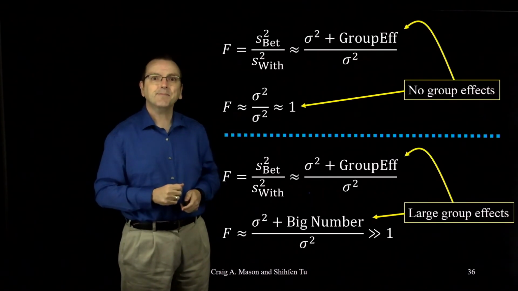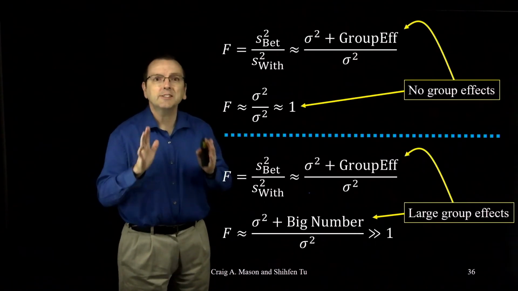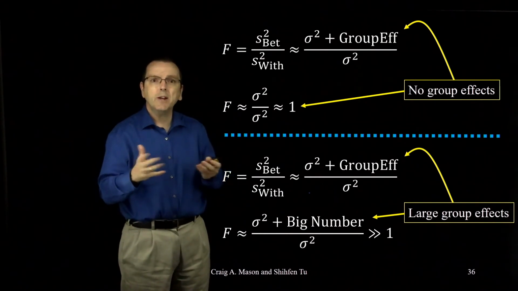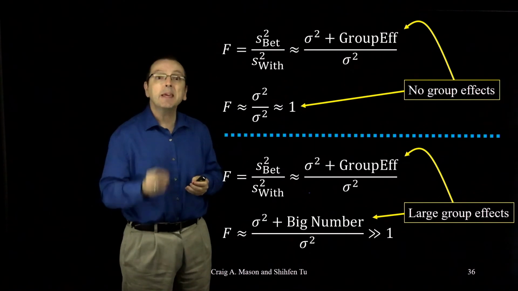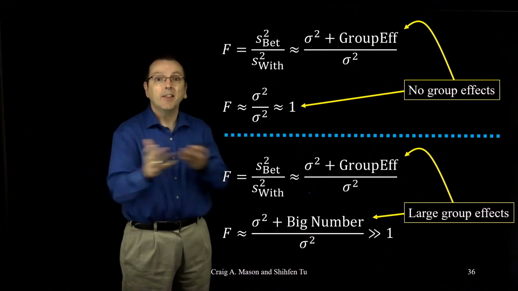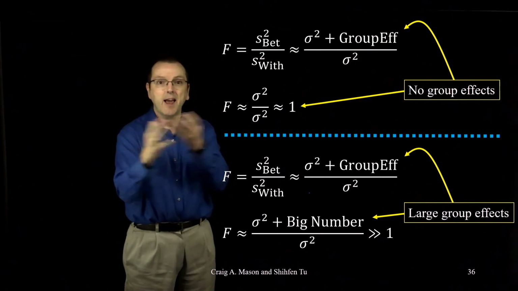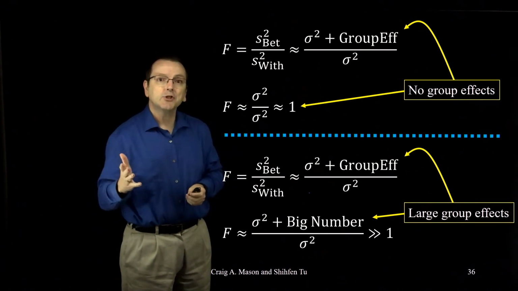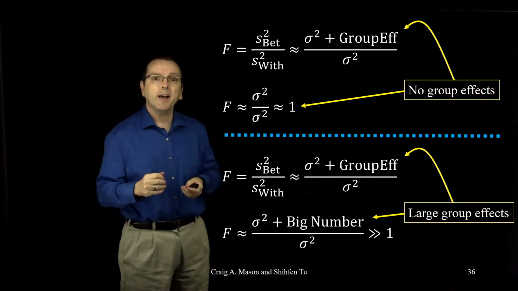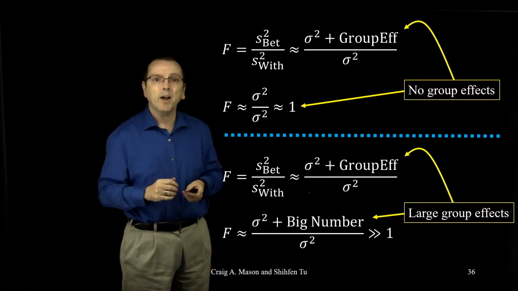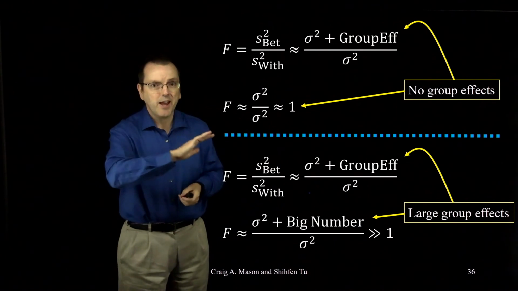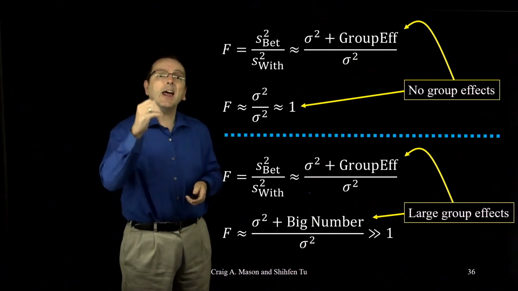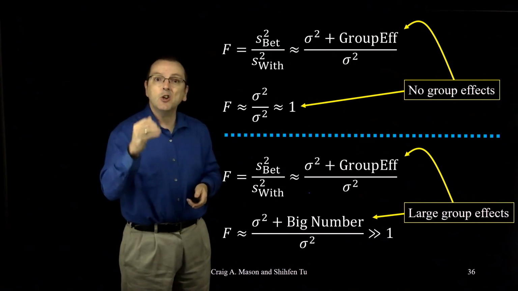All right? Now, of course, just like any statistical test, even if the null is true, we don't expect the sample means to be exactly equal because there will be random sampling variability. Consequently, even if the null is true, we shouldn't be surprised if F is a little different than 1. But just like other statistical tests, the more extreme the F, the less likely it is that the null is true.